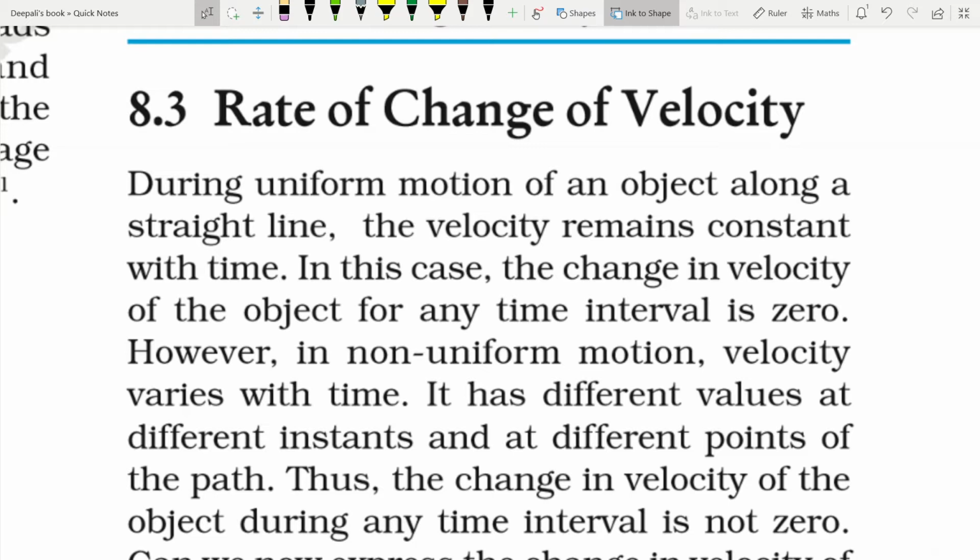During uniform motion of an object along a straight line, the velocity remains constant with time. In this case, the change in velocity of the object for any time interval is zero. However, in non-uniform motion, velocity varies with time. It has different values at different instants and at different points of the path.